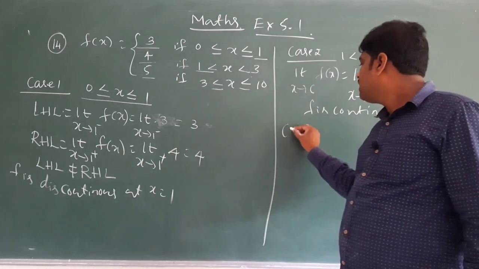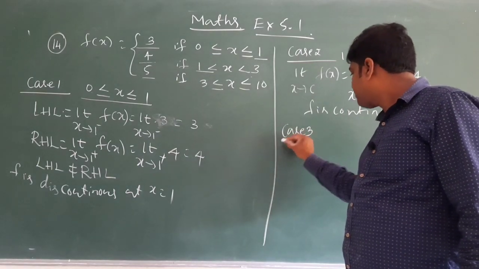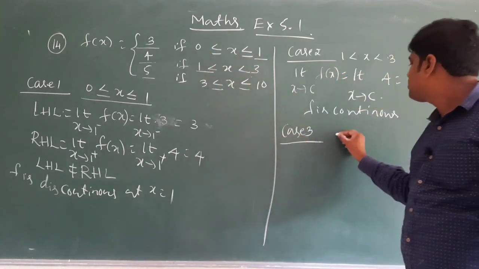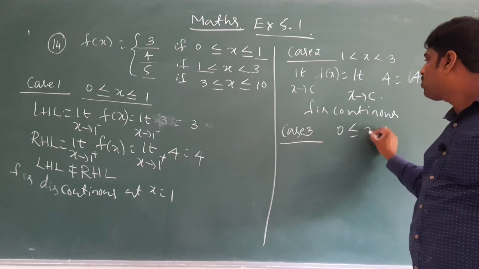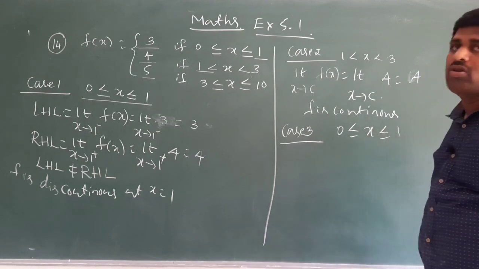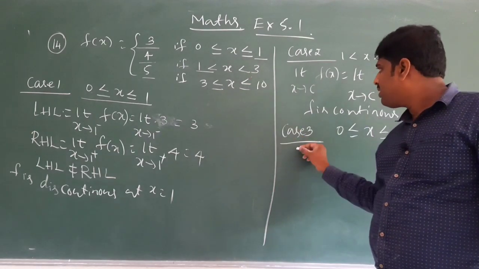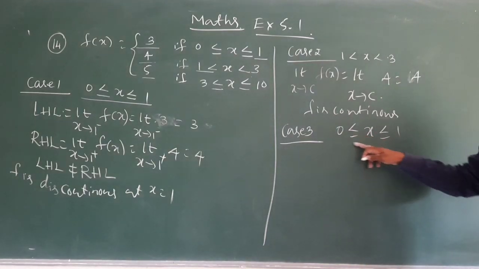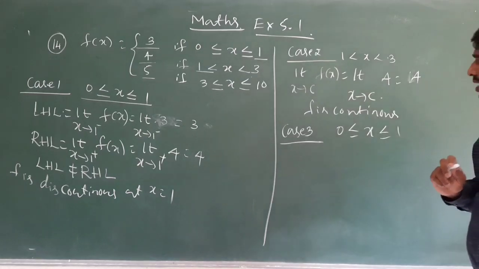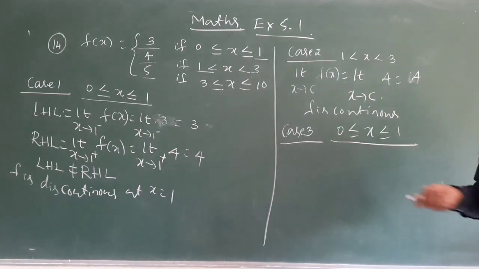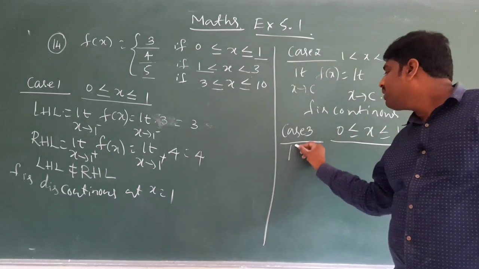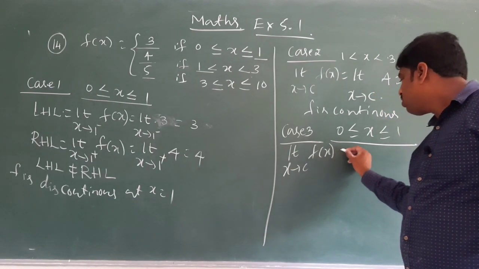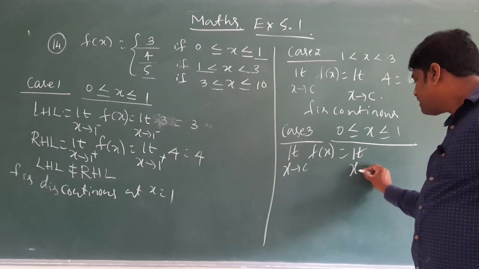Now come to case number 3. Similarly, you have to check 3 less than or equal to x less than or equal to 10. Here we can't take the limit in the form of an interval. We take a point c, limit x tends to c of f of x equals limit x tends to c.